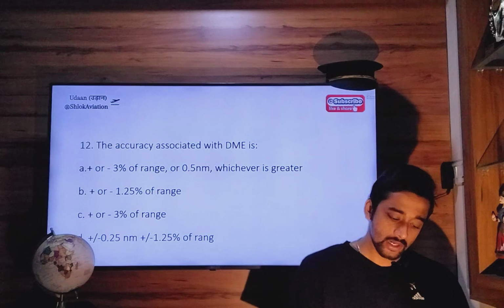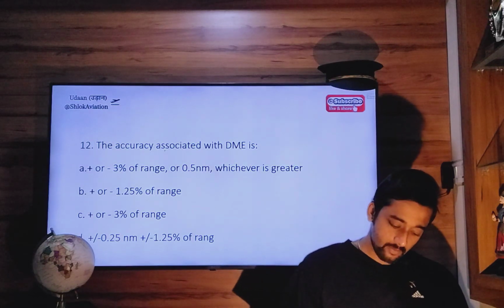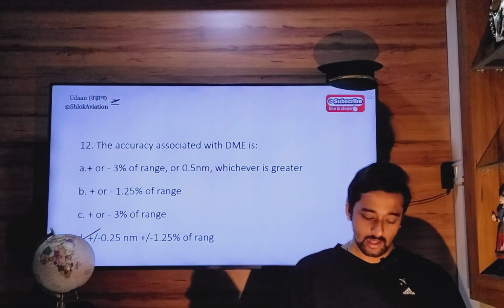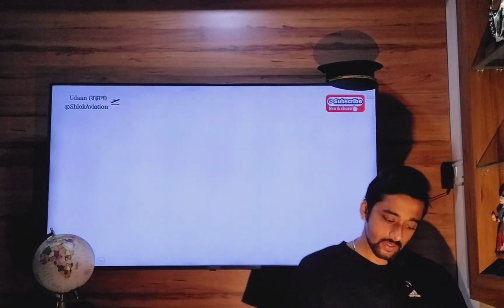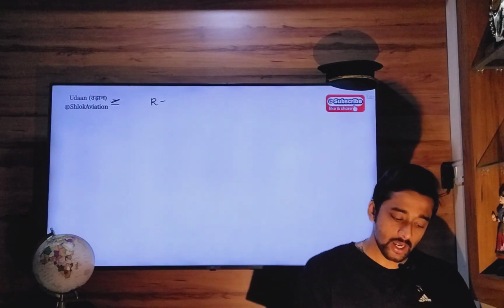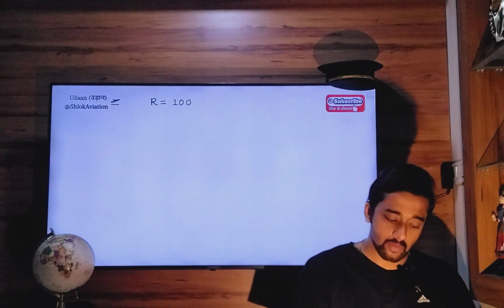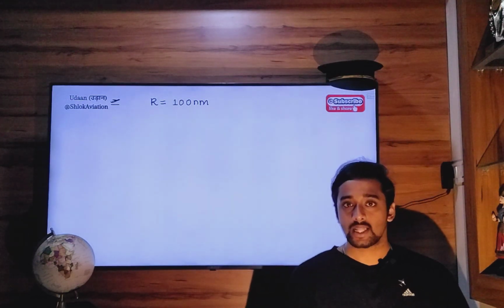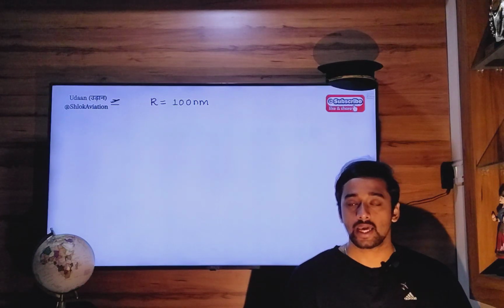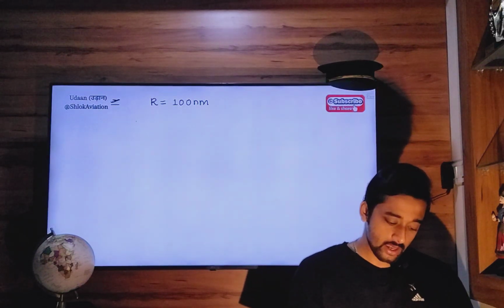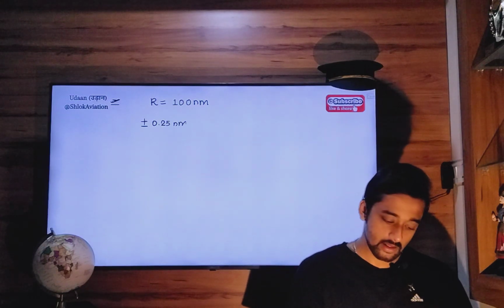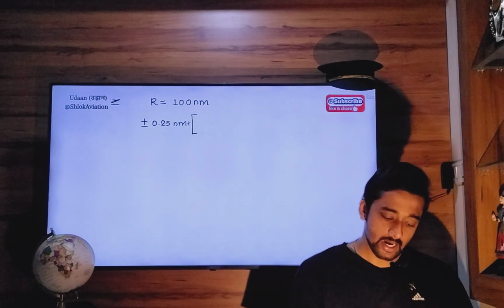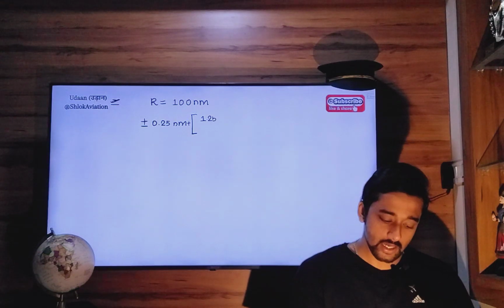Question 12. The accuracy associated with DME is plus minus 0.25 nautical mile plus 1.25 percent of range. Let's say DME indicates that you are at a slant range of 100 nautical miles. So this slant range should not exceed an error limit of plus minus 0.25 nautical mile, added to 1.25 percent of range.